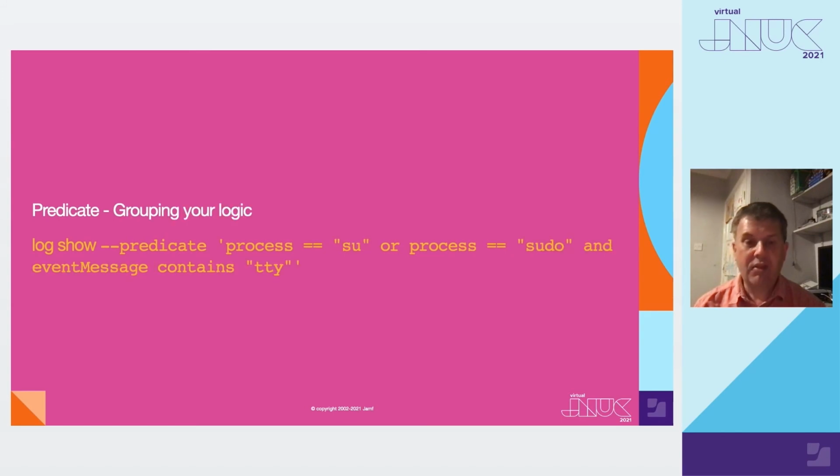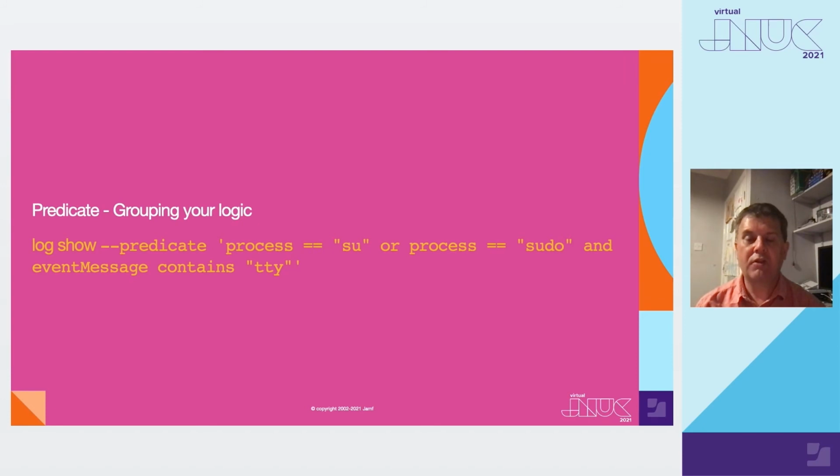But if you start mixing ANDs and ORs, you have to be slightly careful about your logic. In this example, we want to find messages that originate from either su or sudo, but where they were executed from the command line, because other processes can run sudo or su. To do this, we can search the event message for TTY.